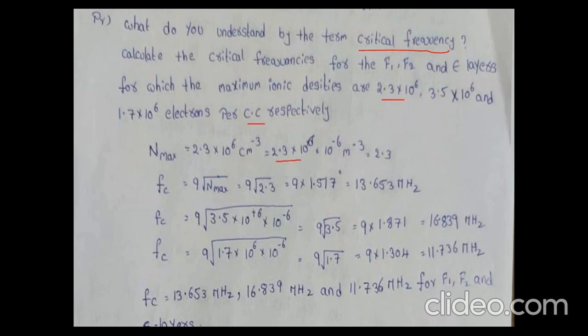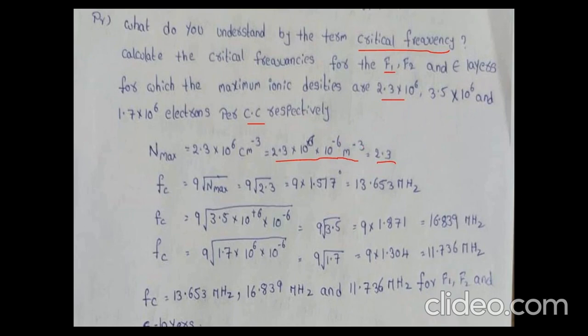So 2.3 into 10 power 6 into 10 power minus 6, converting centimeter power minus 3 into meter power minus 3, we take 10 power minus 6. So plus 6 and minus 6 cancel, and 2.3 will be the nm value for the F1 layer.